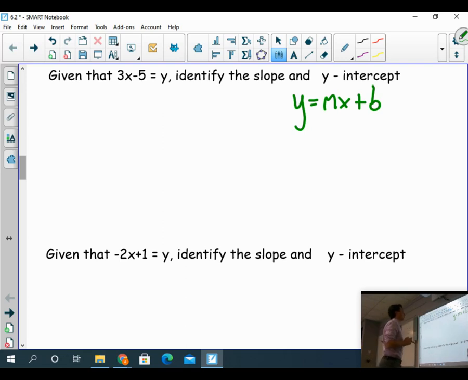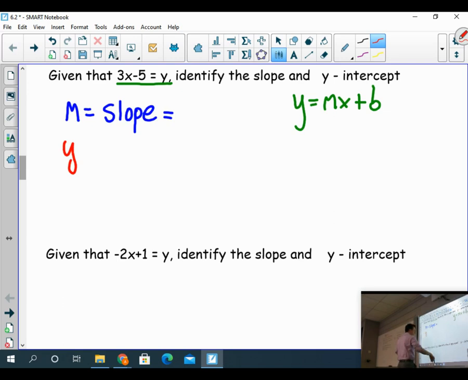So I know slope-intercept form is y equals mx plus b. I have a linear equation in slope-intercept form right here. And I'm to identify the slope and the y-intercept. Well, I know the slope is represented by the letter m.